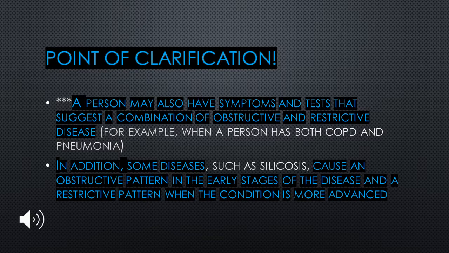We also talked about how it can go in reverse. You can start with a restrictive problem, like kyphoscoliosis, and if you chronically cannot expand your lungs enough, then you have trouble clearing out those smaller air passages, and you can develop infections which can be obstructive. So you can have both, and either one can cause the other.